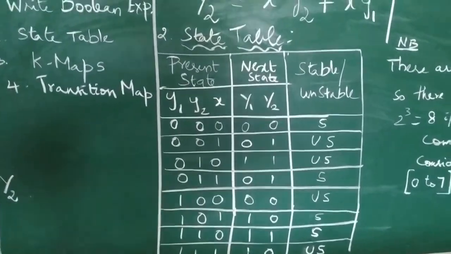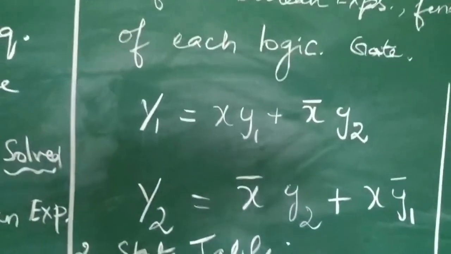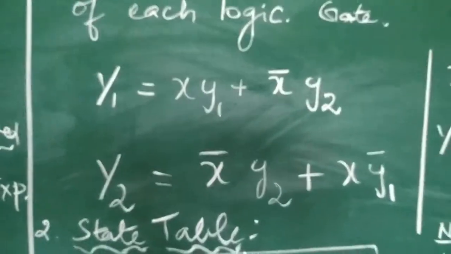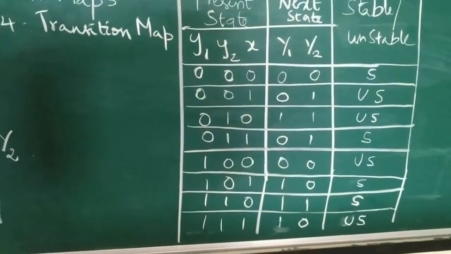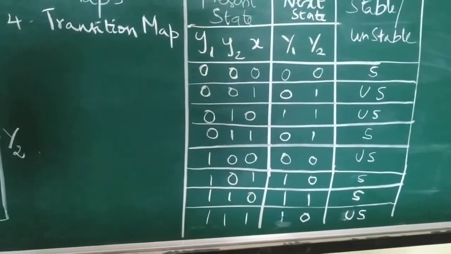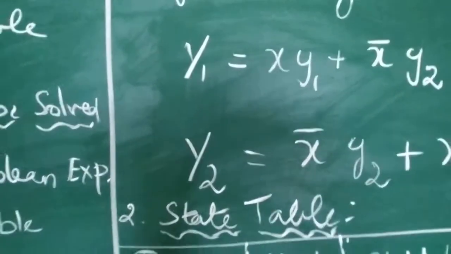You can refer to that. So now, substitute into these Boolean expressions the values that are given in the present state, that is the inputs, and find out the values of the next states Y1 and Y2. Substitute for x, y1 and y2.